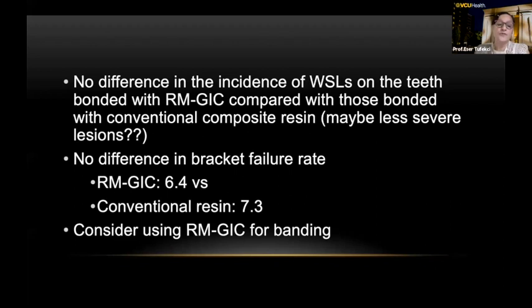The authors finally concluded in their paper that we should consider using resin-modified glass ionomer cement for banding. I think there's a reason for that. If the bands become loose, plaque can accumulate on the tooth, and probably because of the fluoride release and reuptake, using these cements would be effective for banding.